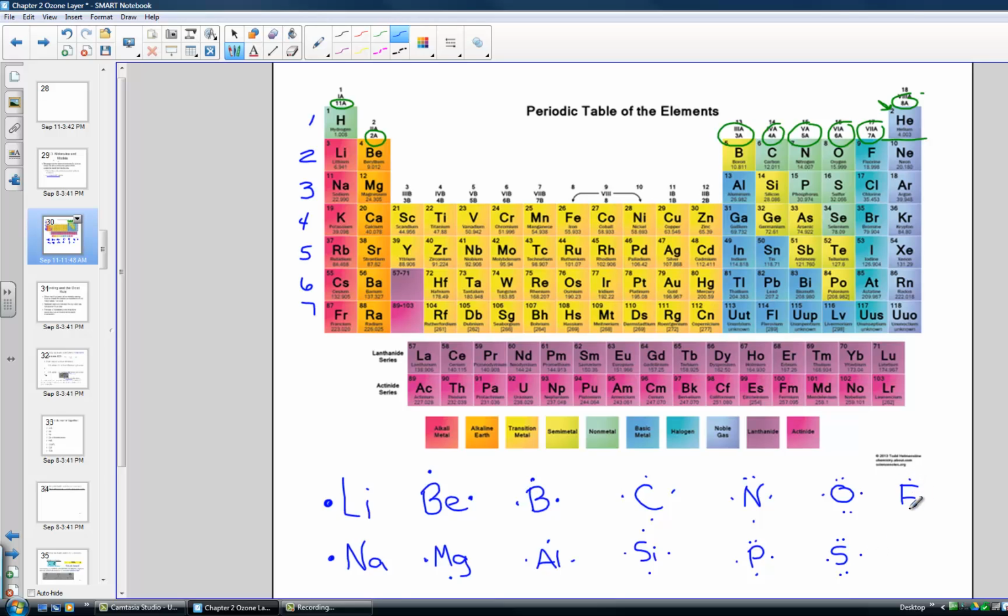Fluorine, which lives in group 7A, would have 7 valence electrons, one around each side first, and then I go back and form partners. There are the 7 electrons for the elemental form of fluorine. Again, you would predict any element in group 7A would have 7 valence electrons to represent the group number it lives in.